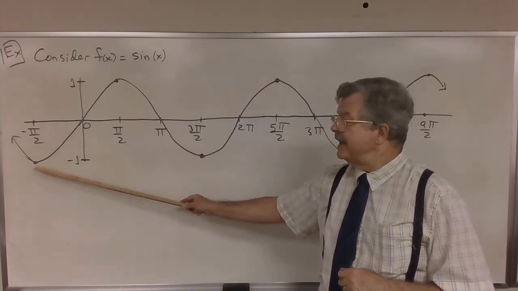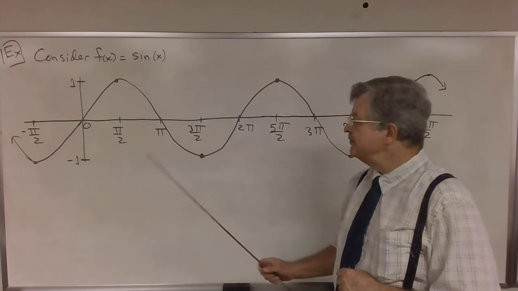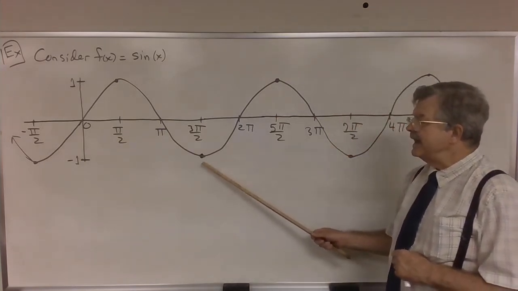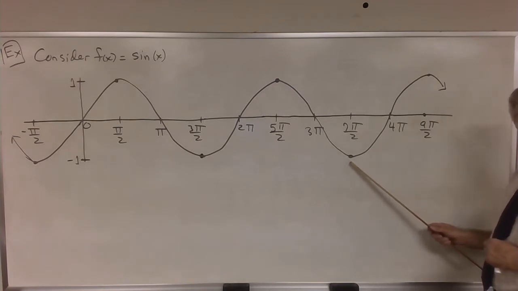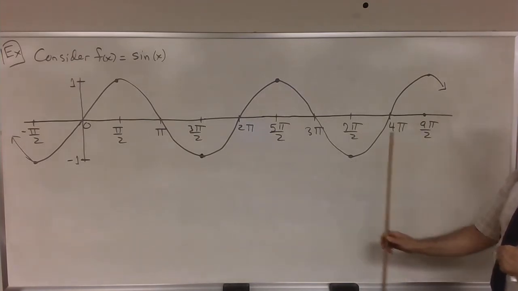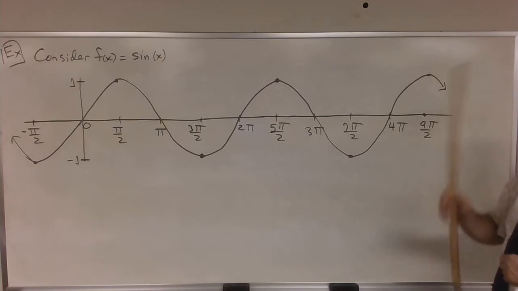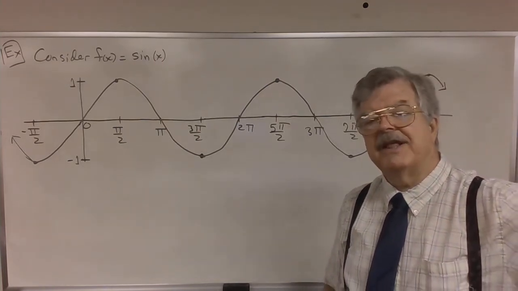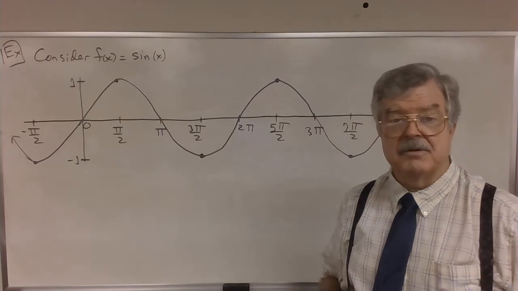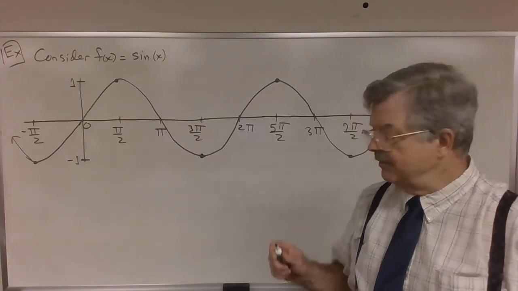And that happens when x is negative pi over 2. It happens again when x is 3 pi over 2. It happens again when x is 7 pi over 2. And so on and so forth on into the sunset. So here's a function that has both an absolute maximum value and an absolute minimum value.